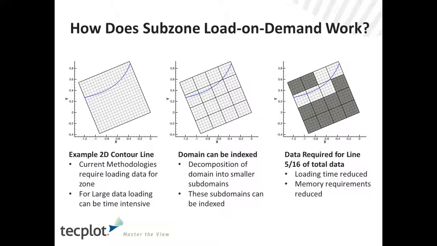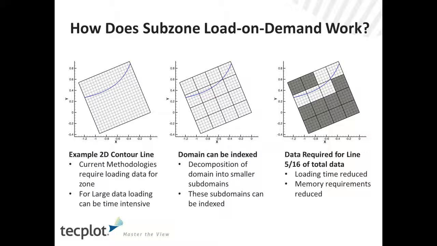So conceptually, although many of you have seen this before, Subzone Load on Demand, and this is a simplification obviously, but basically what it says is that for any particular feature, that could be an isosurface, a slice, a streamline, a contour line, that feature only goes through a subset of the total volume.